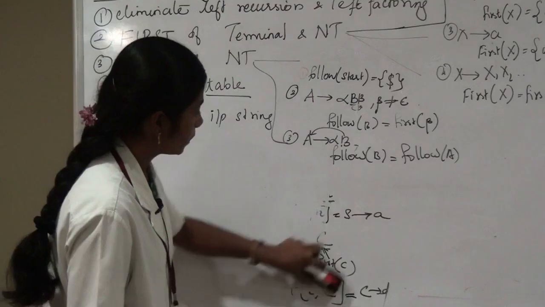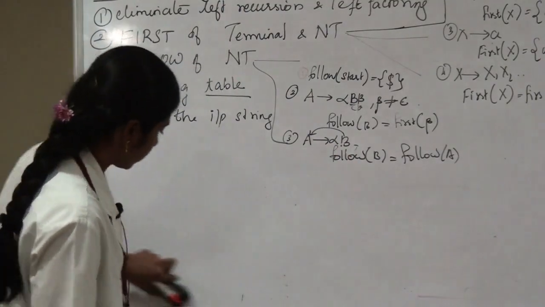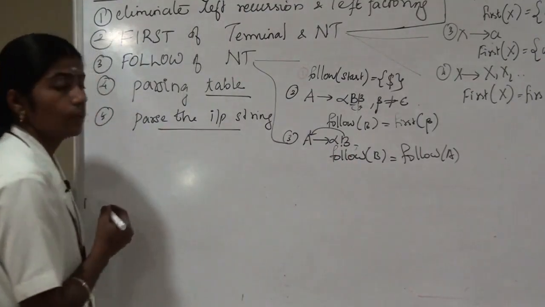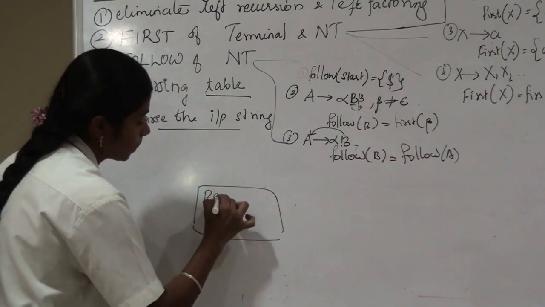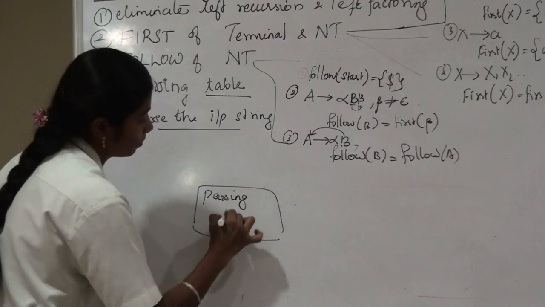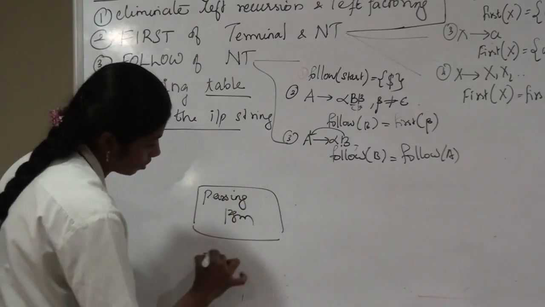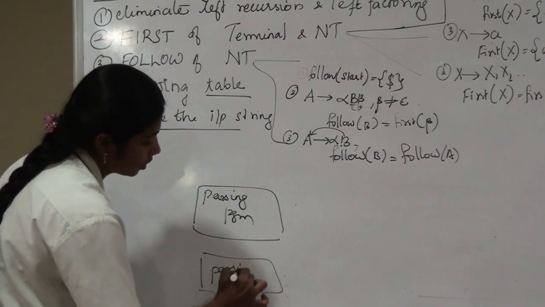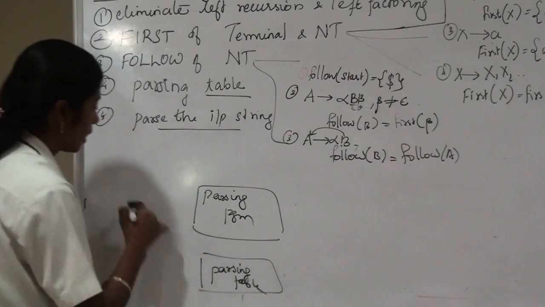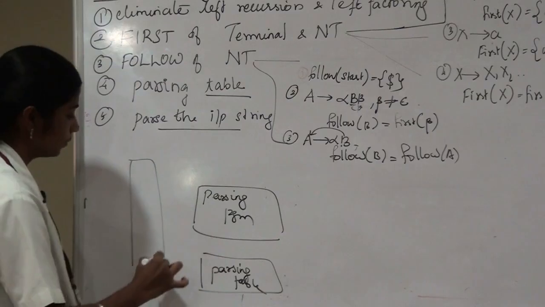And the last step is parsing the input string. For parsing the input string, you have an algorithm like this. So you have a parsing algorithm, or parsing program. Here you have a parsing table that we have constructed for a particular grammar, and this side you will be having a stack.